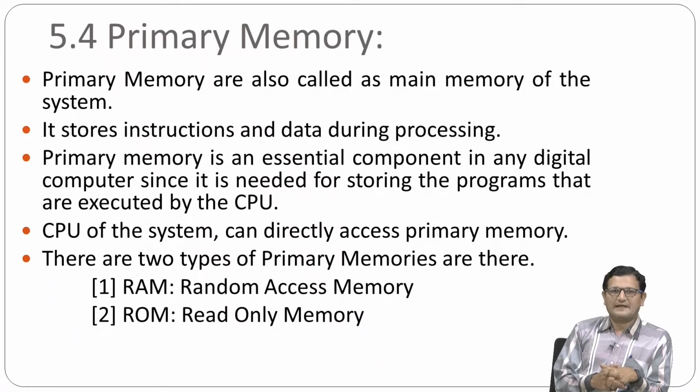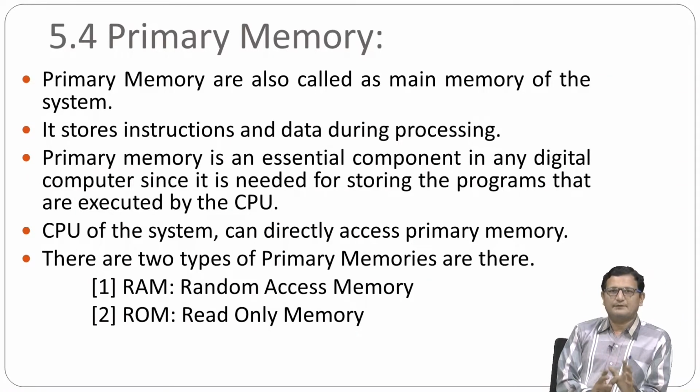When we install any program, that program's file is stored on the hard disk, the secondary memory, but the speed of the secondary memory is too low and the CPU never interacts with that slow memory. Due to that reason, whenever you execute any program, it is copied from the secondary memory to primary memory, and then the CPU starts executing that program. The CPU of the system can directly access the primary memory.